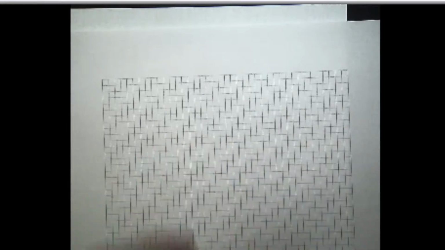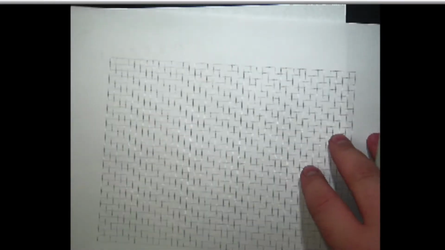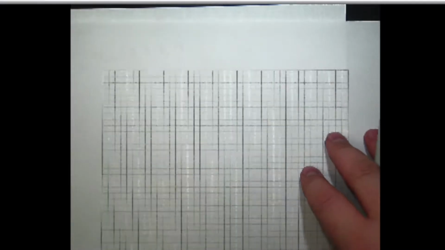And we can actually use this to create a golden spiral ourselves with some graph paper. So resolution on this camera isn't great, so this graph paper is going to look pretty trippy.